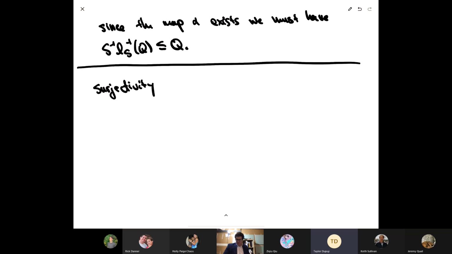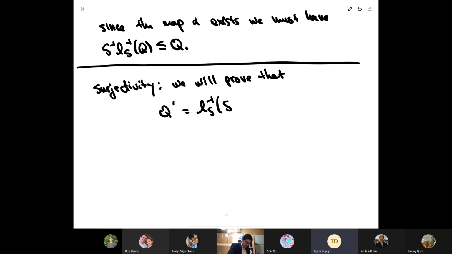So we'll prove that Q prime is equal to LS inverse of S inverse of Q prime. And here Q prime is an element of spec of R, and Q prime intersect S is empty.